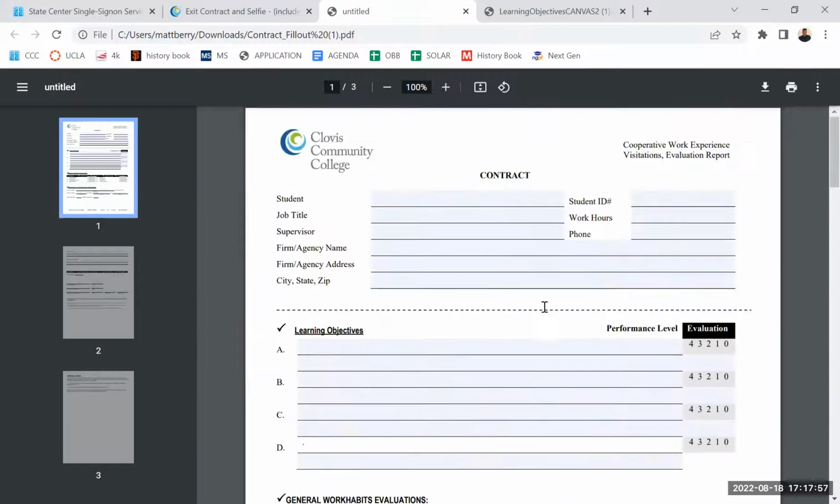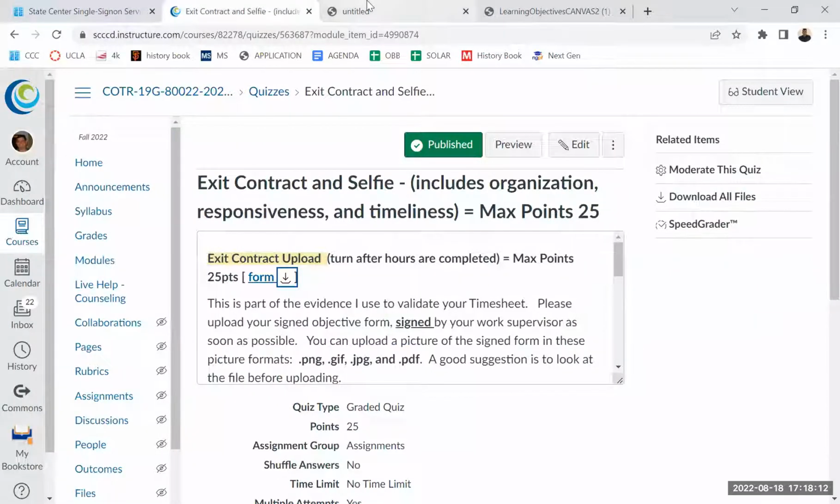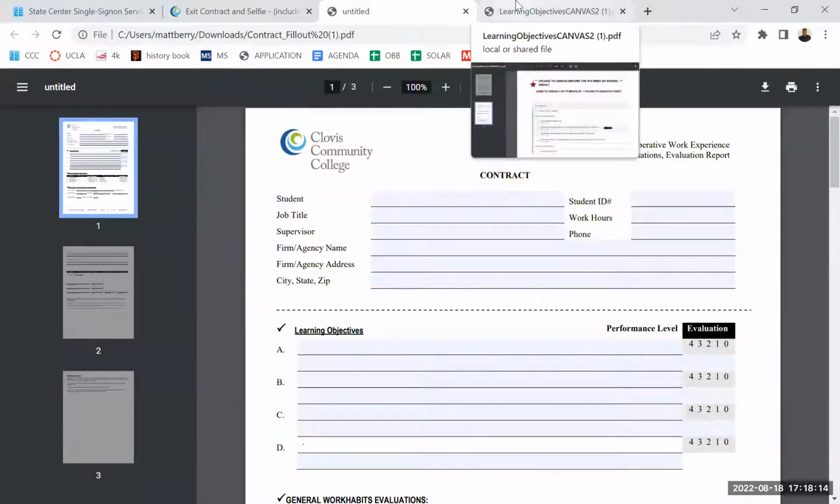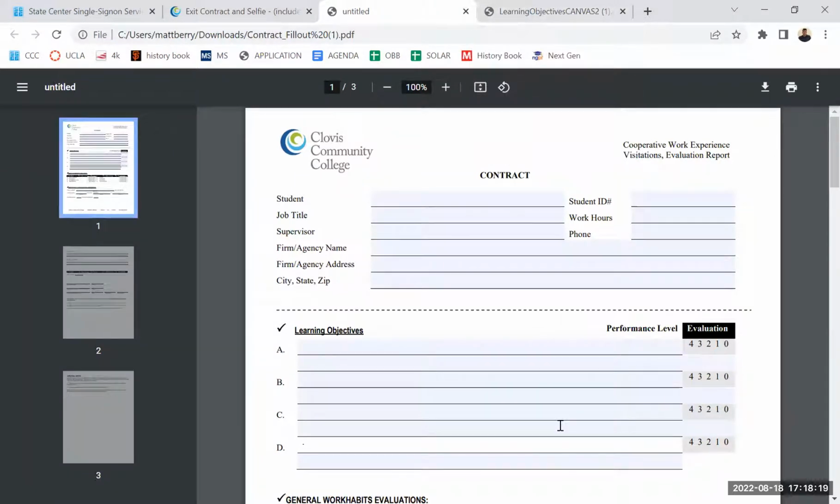Yep, good question. How do I know who my instructor is? You should be able to, in Canvas, it should tell you who your instructor is, I believe, on your main page, or let me stop sharing real quick.